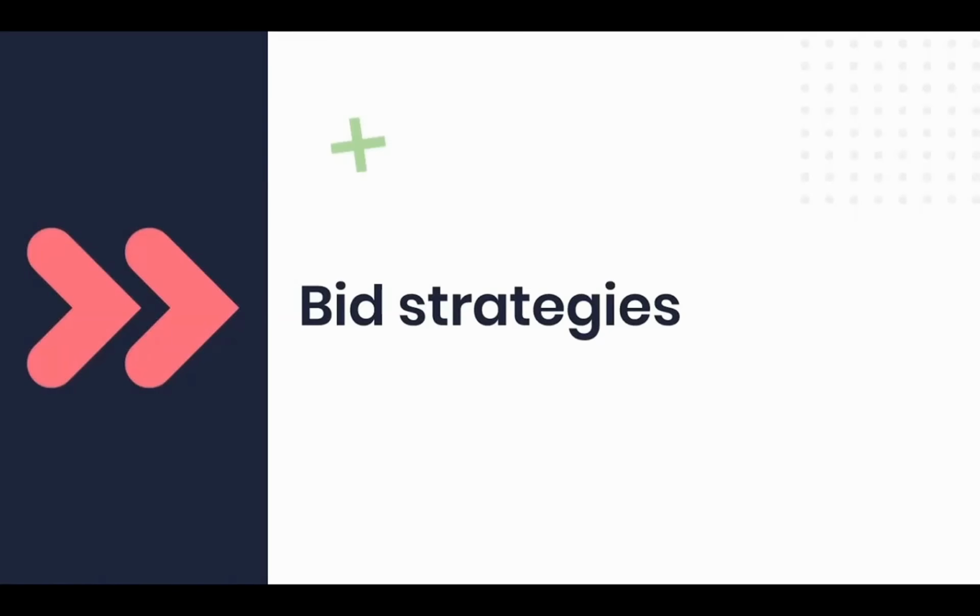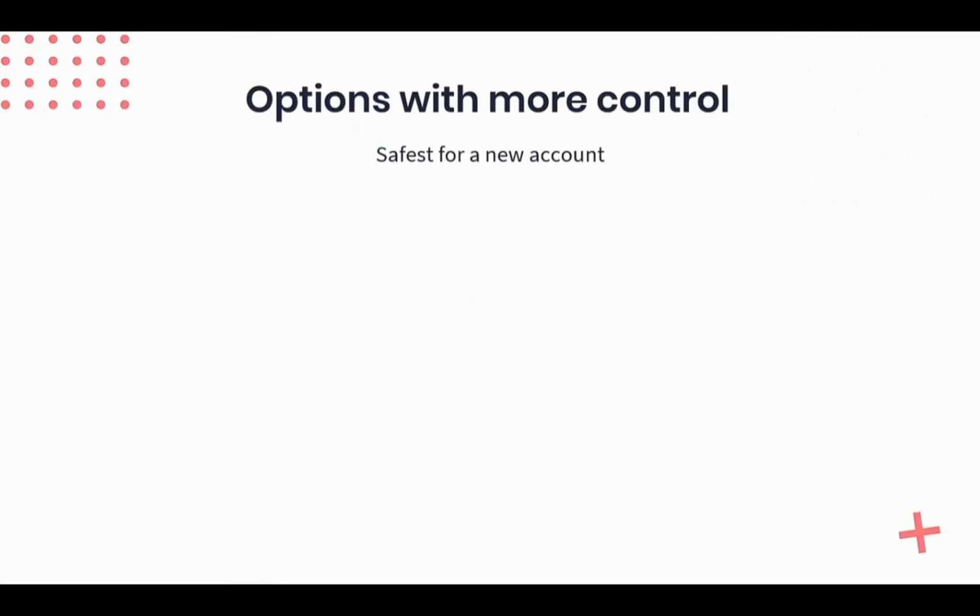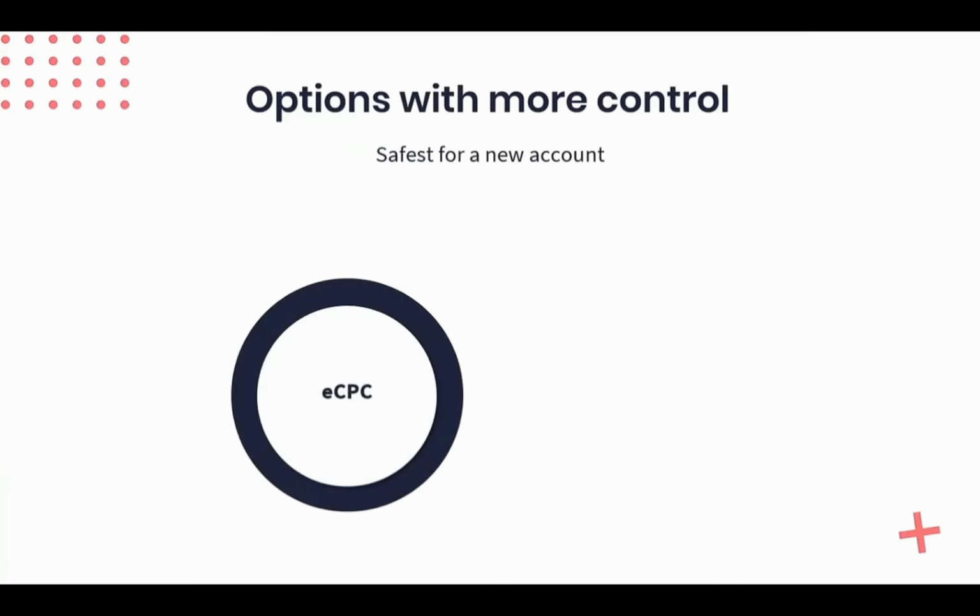When do you spend more on one certain keyword than you would on another keyword? So this can be automated as well, or it can be done manually. But it's important for us to understand the approaches from both sides so that you can justify the choice that you make when that time comes. So first of all, we have eCPC, which stands for Enhanced CPC.